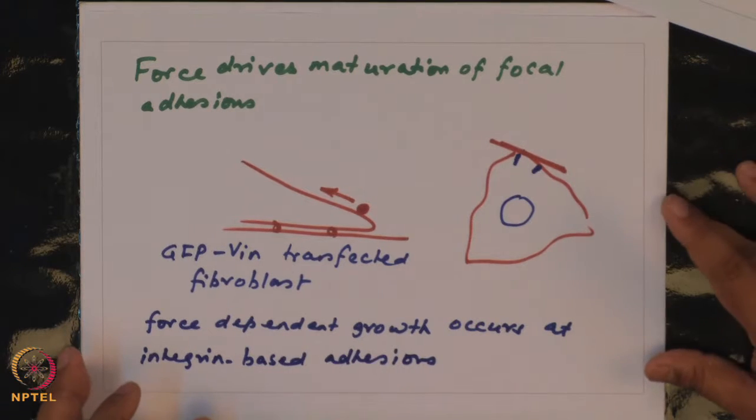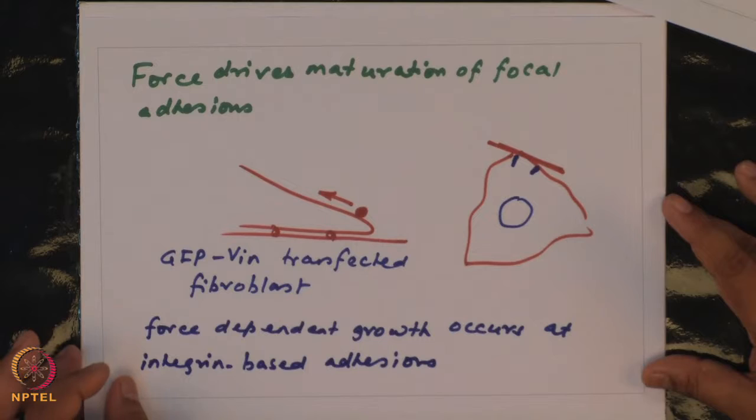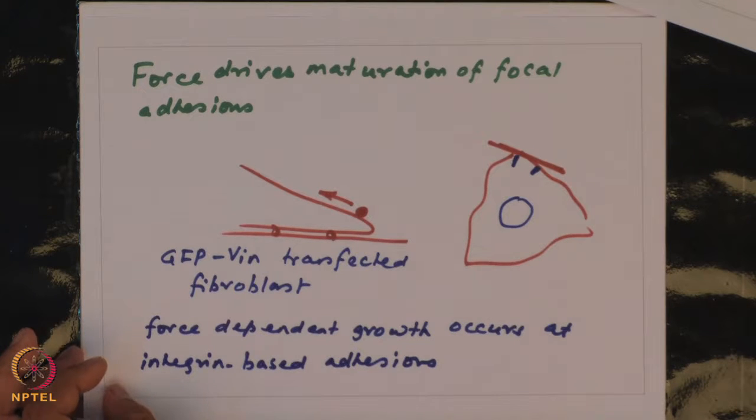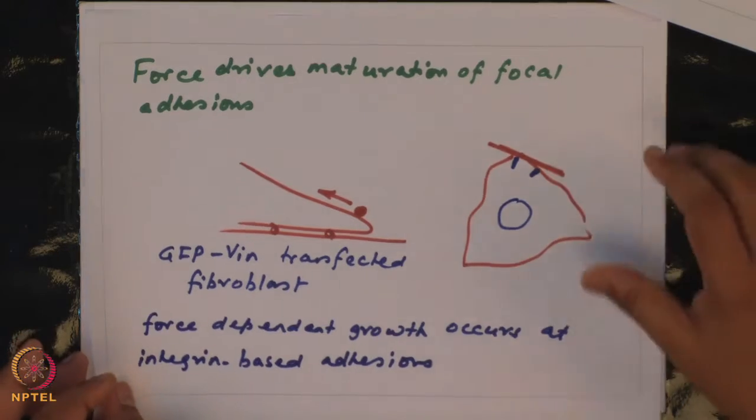If you were to do the same experiment on a polylysine coated surface, you will not see it. The caveat with this experiment is that you cannot measure the forces directly. So, this called for an alternate approach or technique so that you can quantify these forces.